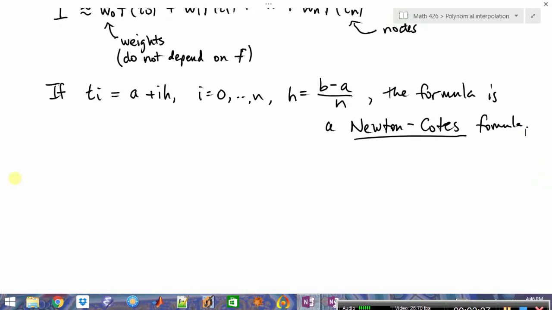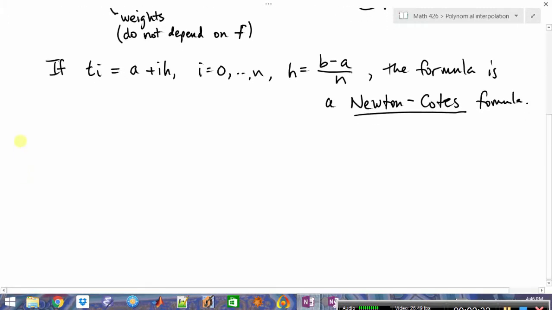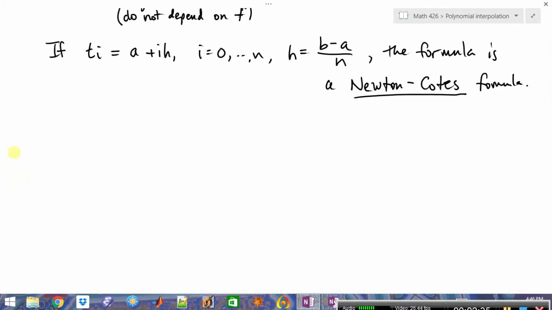The actual formula that you get depends on the kind of interpolating you do, and the most obvious interpolant of all is the piecewise linear case.